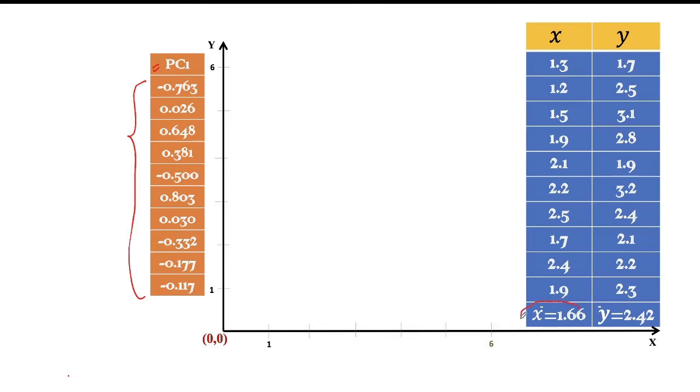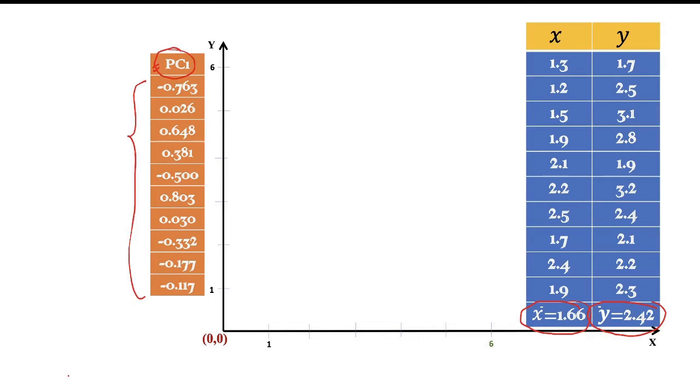Here x bar, the mean of x, is 1.66 and the mean of y is 2.42. Now it's time to represent the data points given by PC1 for visualization in two-dimensional space.